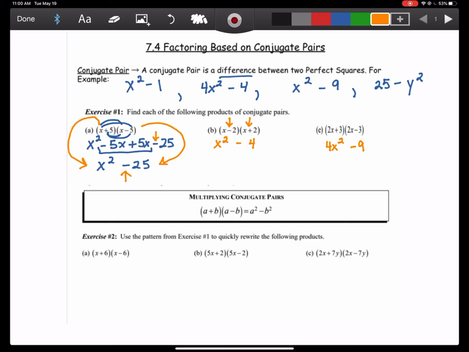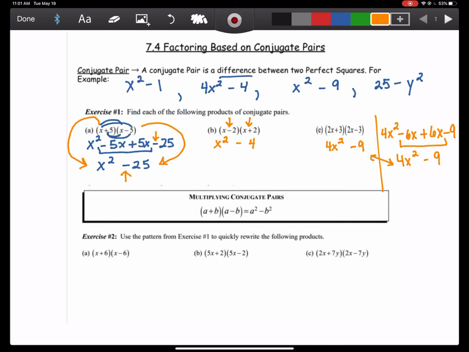Now, I can trust that this will work because if I were to do it the long way, I would get 4x squared, negative 6x, positive 6x, negative 9. And what's going to happen? Those inner terms, those like terms, they equal 0. And look what we're left with. 4x squared minus 9. Same thing, right?